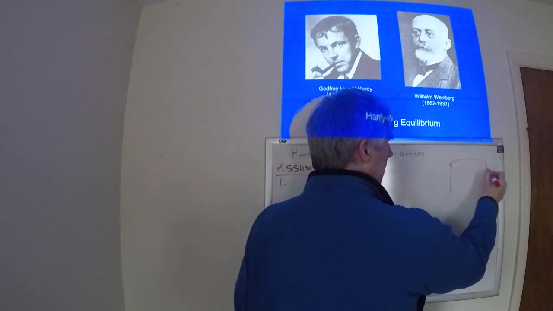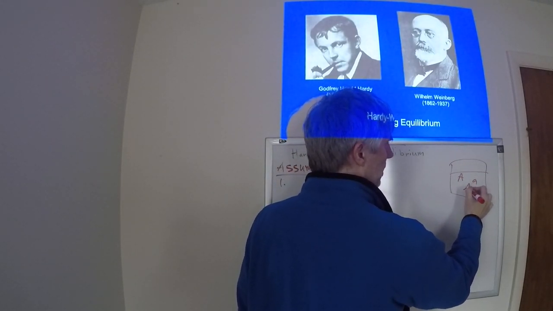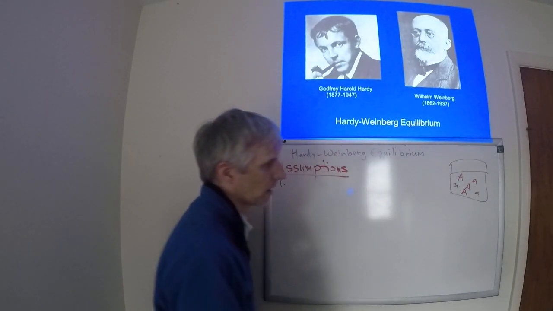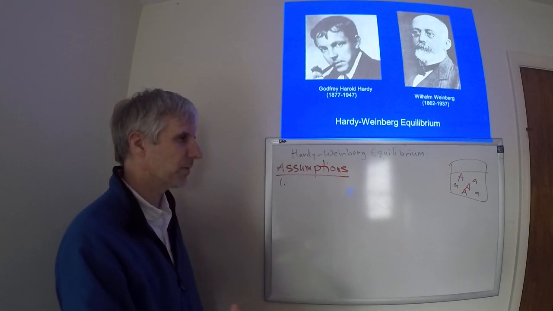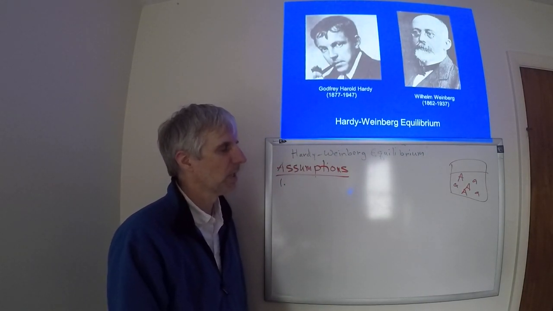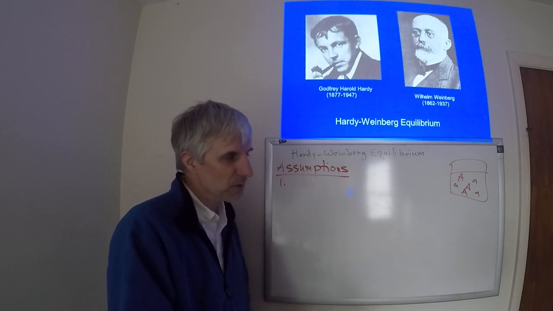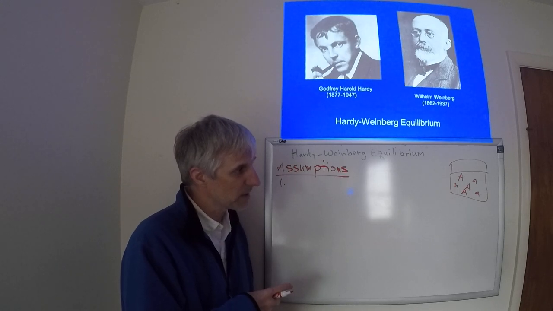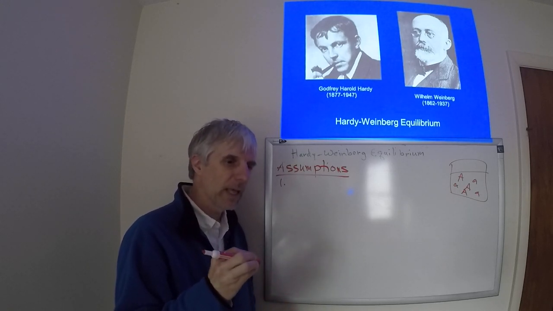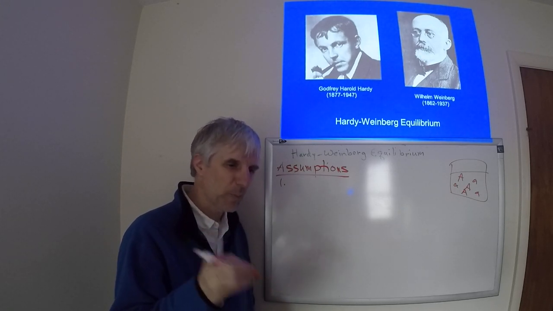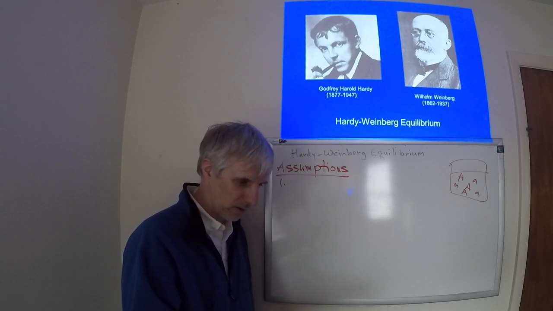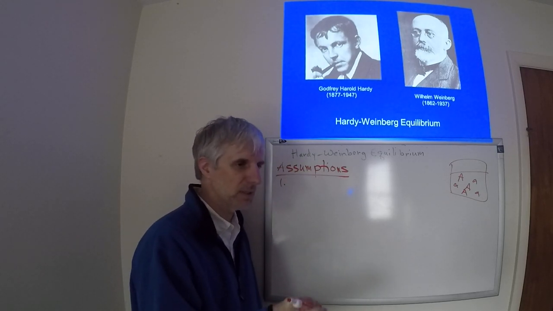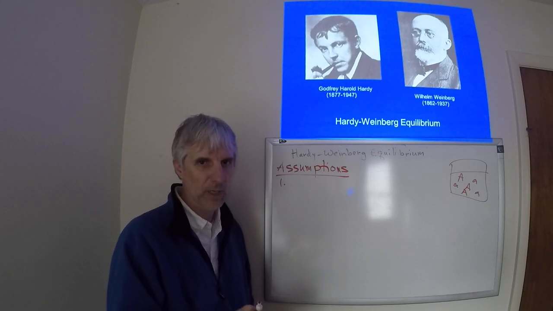So I've got my bucket of alleles. What things do I have to assume about those alleles in order to keep the frequency of the alleles in the bucket constant? Because if the frequencies stay constant, then my Hardy-Weinberg expected genotype frequencies can be predicted from the allele frequencies.